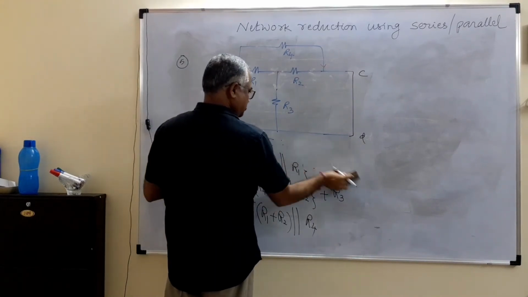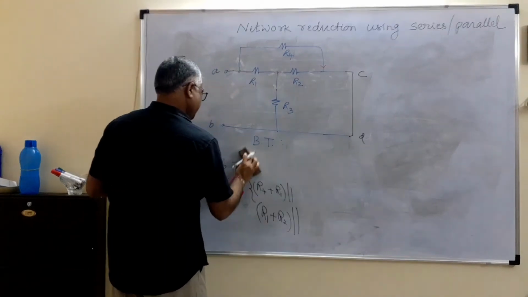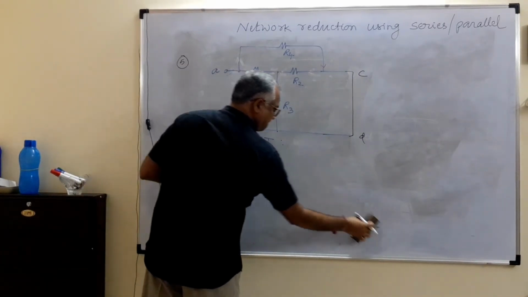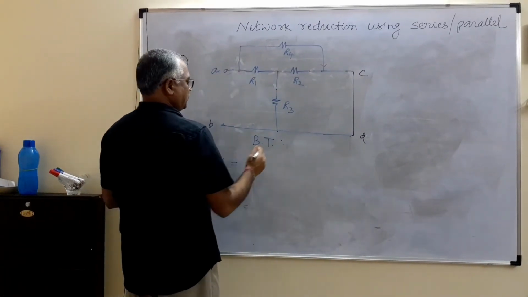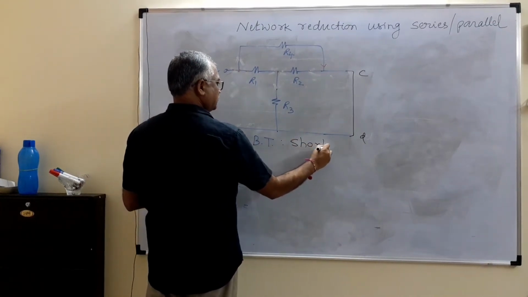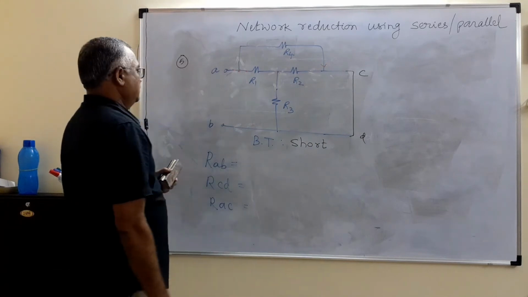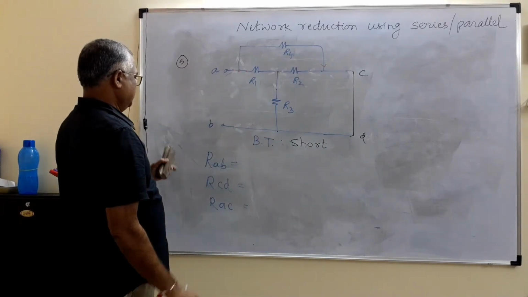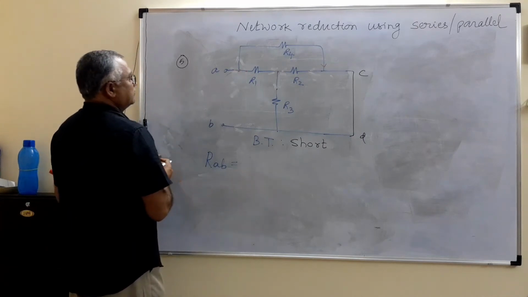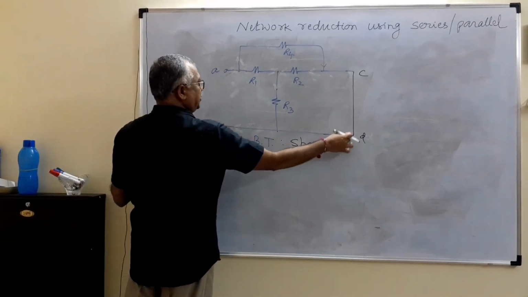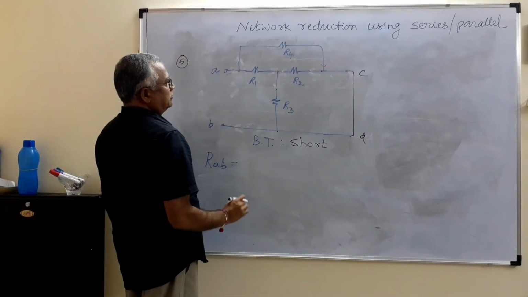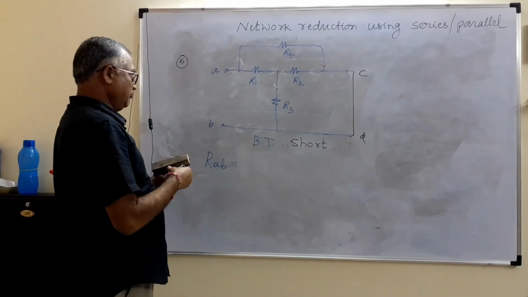So open, change it to short. Same bridge T network, short. Under this condition, we answer only RAB. RAB equal to RAD equal to RAC, only one we answer. Now, this is a very tough problem.